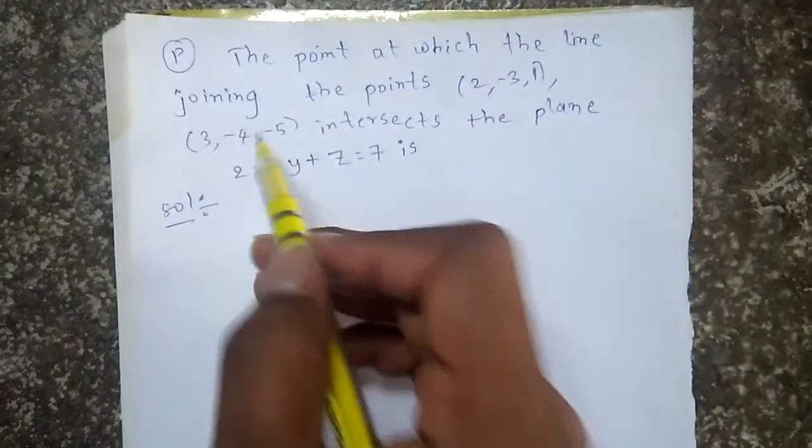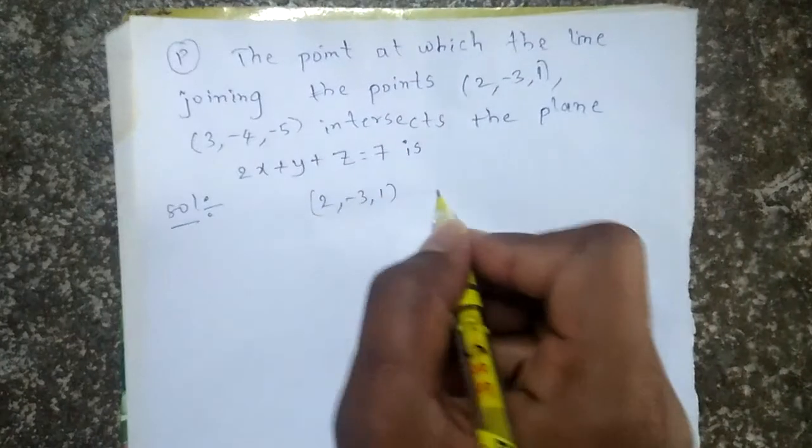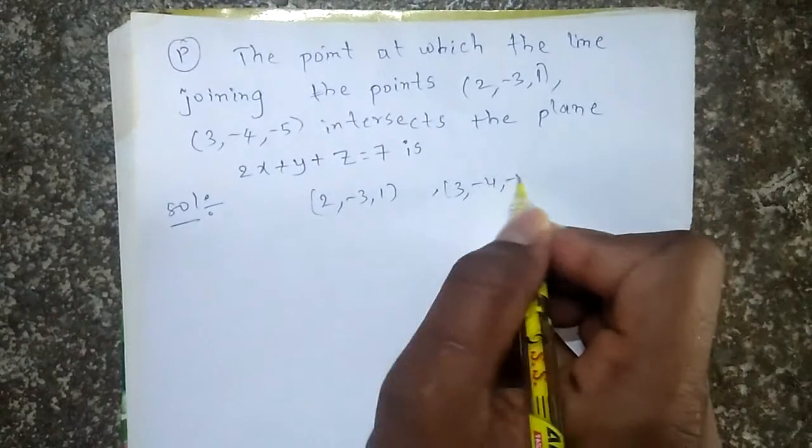So here 2 points are given, 2, minus 3, 1 and 3, minus 4, minus 5.